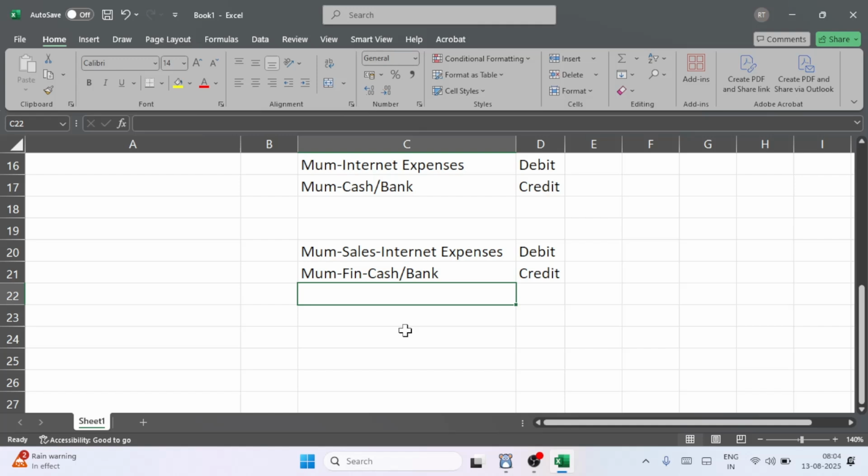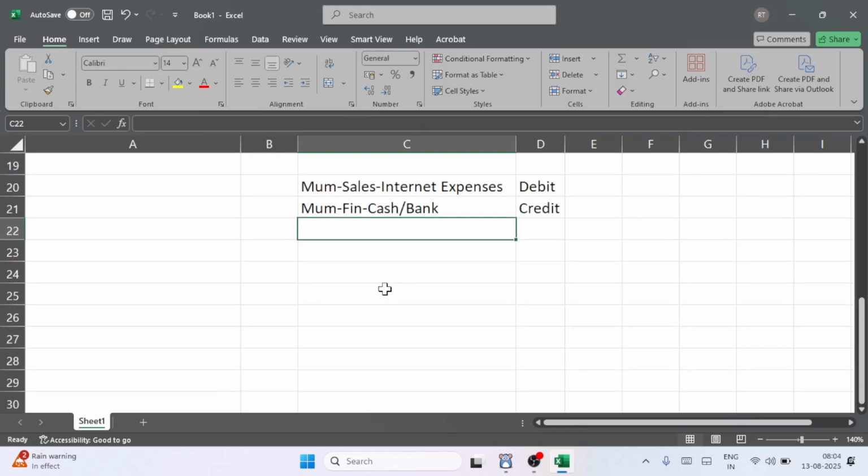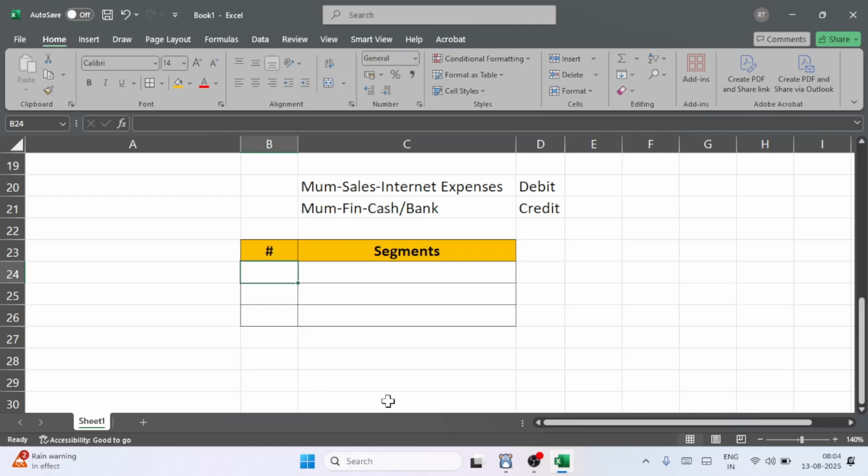Now, when you are booking the journal entry, we are entering three elements, and in Oracle, we call them segments. What is my first segment here? The first segment is branch.